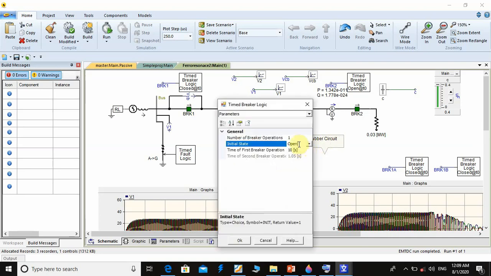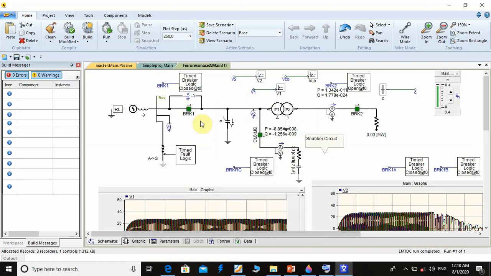Okay, let us remove the snubber circuit, and I want to simulate another thing. That means when there is an earth fault upstream, in the upstream busbar or on another feeder.